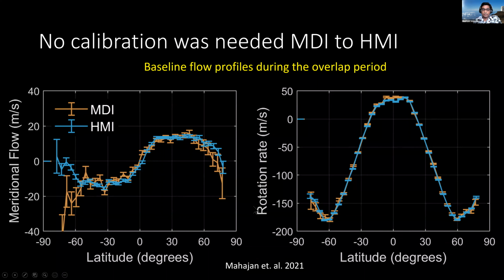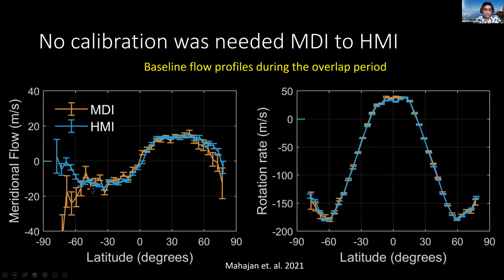All right, if you wanted to see in detail what the overlap period for MDI and HMI looked like, here's the baseline meridional flow velocity obtained during the overlap period on the left, and the rotation rate on the right in Carrington frame of reference.